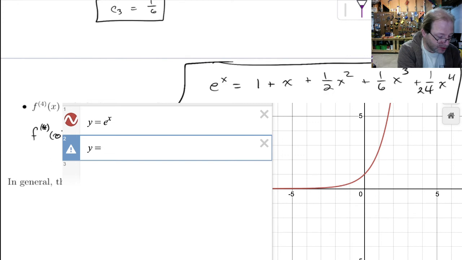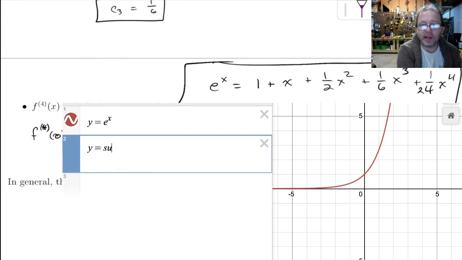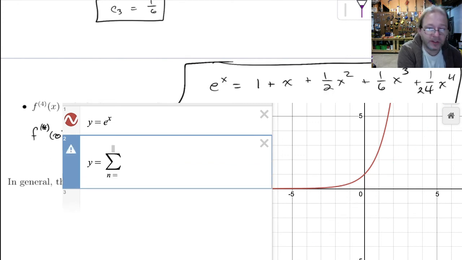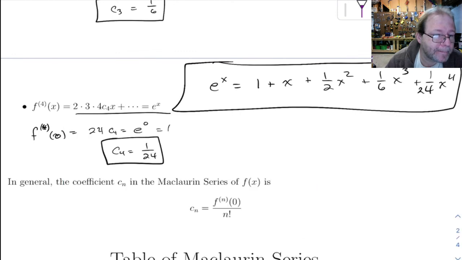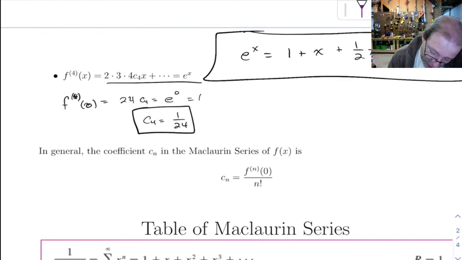Let's put this in using sigma notation. The way you do that is you type in sum. n is going to go from 0 to, I'm just going to call this L up here. But what's our formula? We didn't work the formula out. Let's go back and look. In general, the coefficient of the Maclaurin series is this.